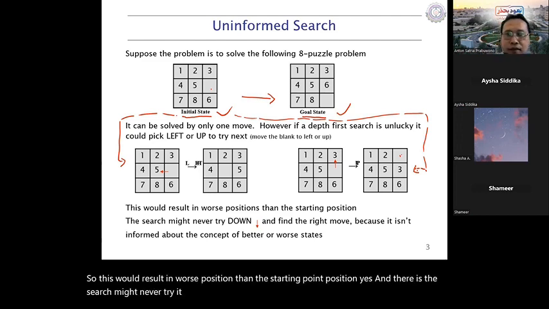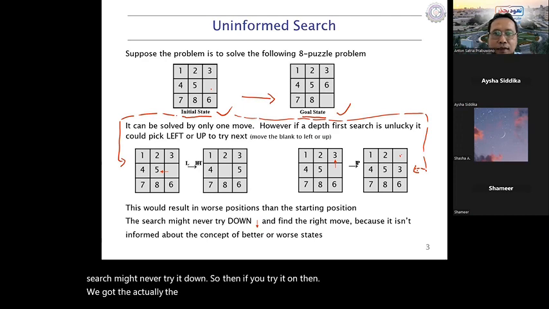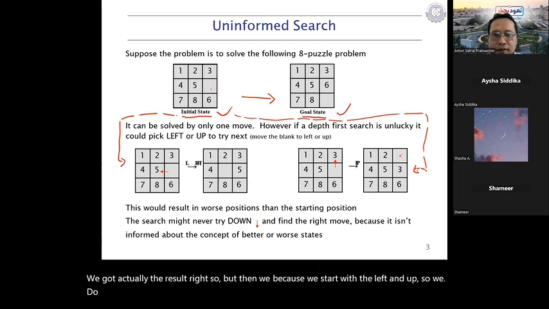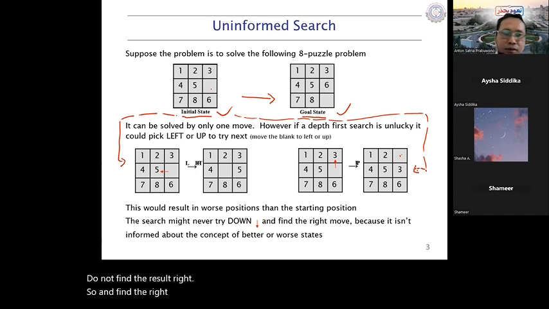If we try down, then we actually get the result. But because we start with the left and up, we do not find the result, and find the right move, because it is not informed about the concept of better or worse states.